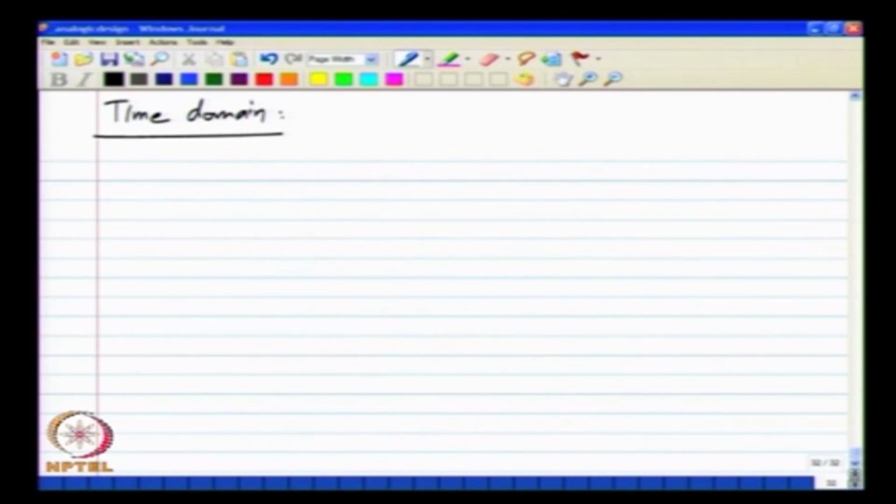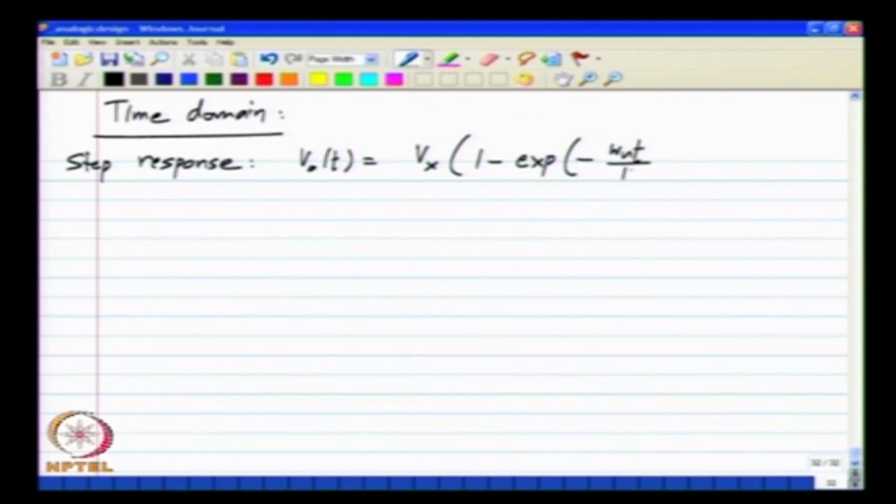In the time domain, we saw that the step response, that is if you have an input step going from 0 to Vx, the output as a function of time will be given by an exponential, okay, and the time constant of this response is k by omega u.